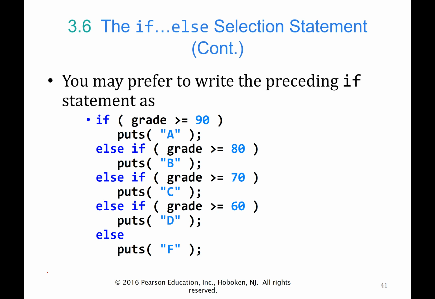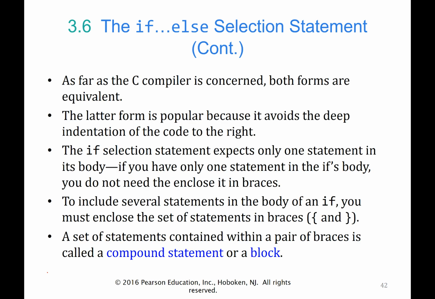So else if grade is greater than or equal to 80, but we simply look at all the grades, and we decide what grade the student's going to get using this multiple selection if-else right there. So as far as the C compiler is concerned, it doesn't matter.